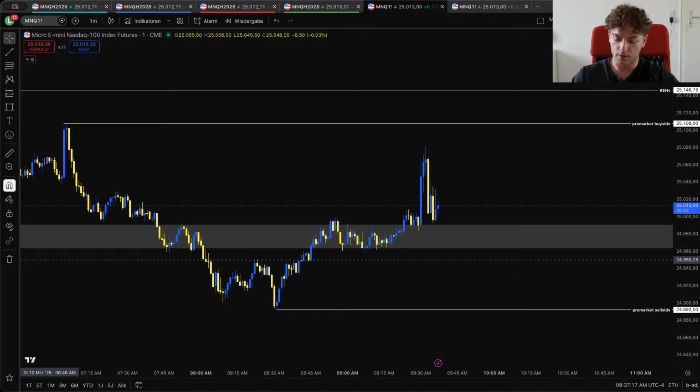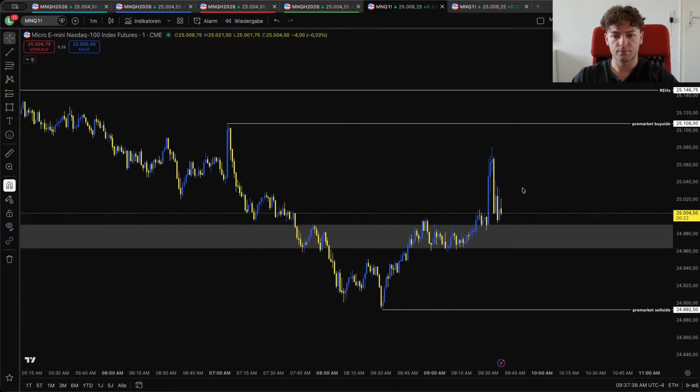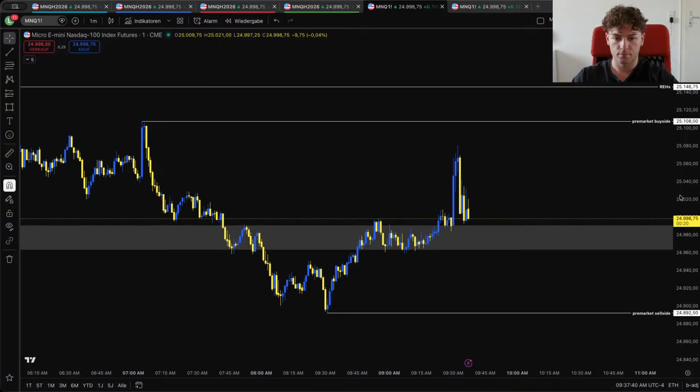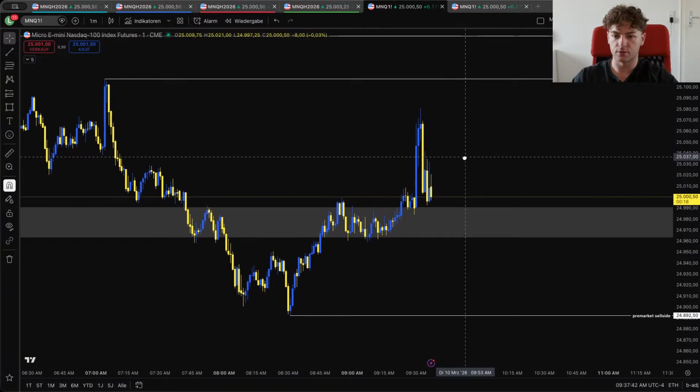And these are two key elements in trading. Without discipline and patience, you won't be successful in trading. So yeah, it's better to wait than just dive right into it and take a trade.